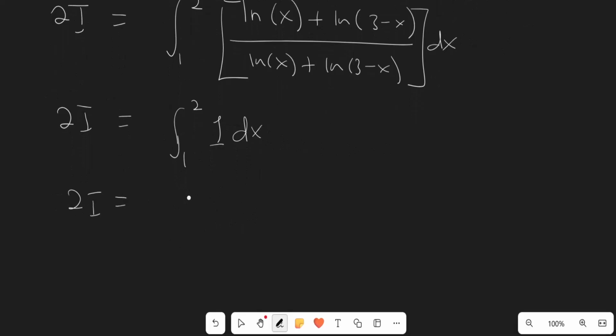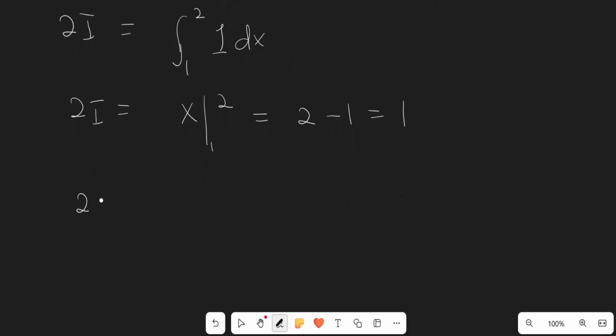This is not trivial. So we have x from 1 to 2, and that is 2 minus 1, which is 1. So 2I is going to be 1, and in that case, I is going to be 1/2.